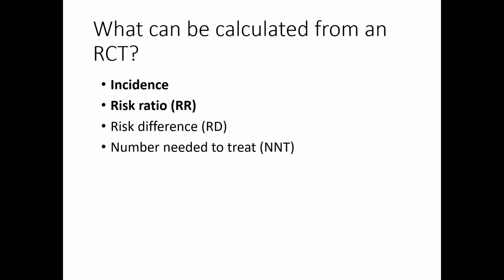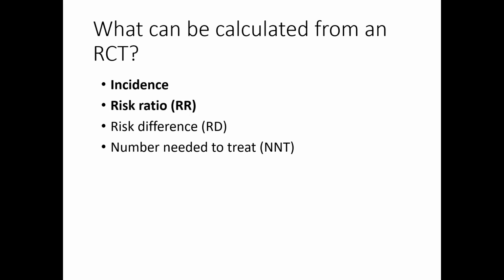The risk difference is a subtraction. Say you do a vaccine effectiveness trial, and you say compared with those who didn't receive the vaccine, there were an additional 700 cases. That's a risk difference: one minus the other.